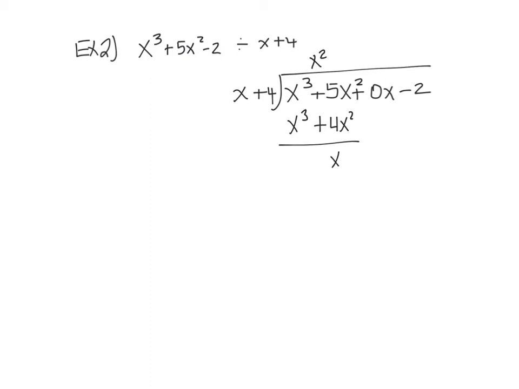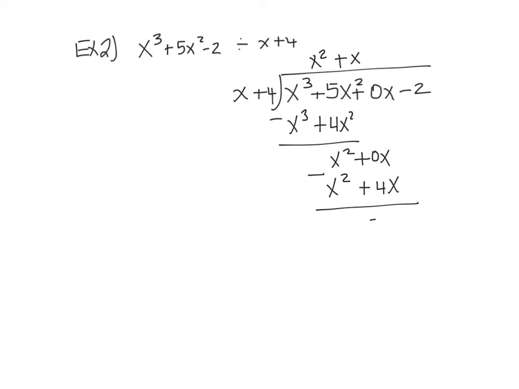When I subtract, I get x squared plus 0x. So what do I need over here? So I need here plus x. So that will be x squared plus 4x. And then I subtract. Then what do I get?